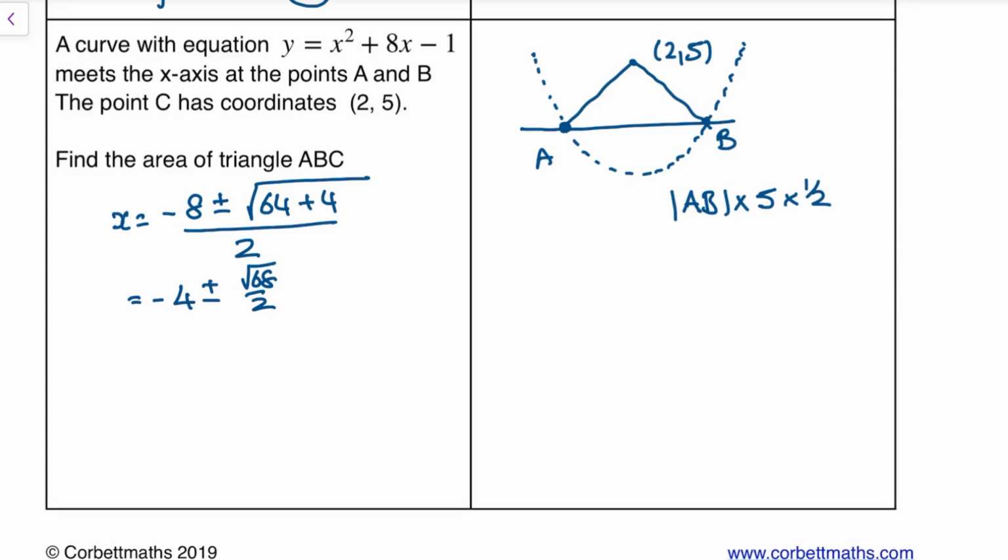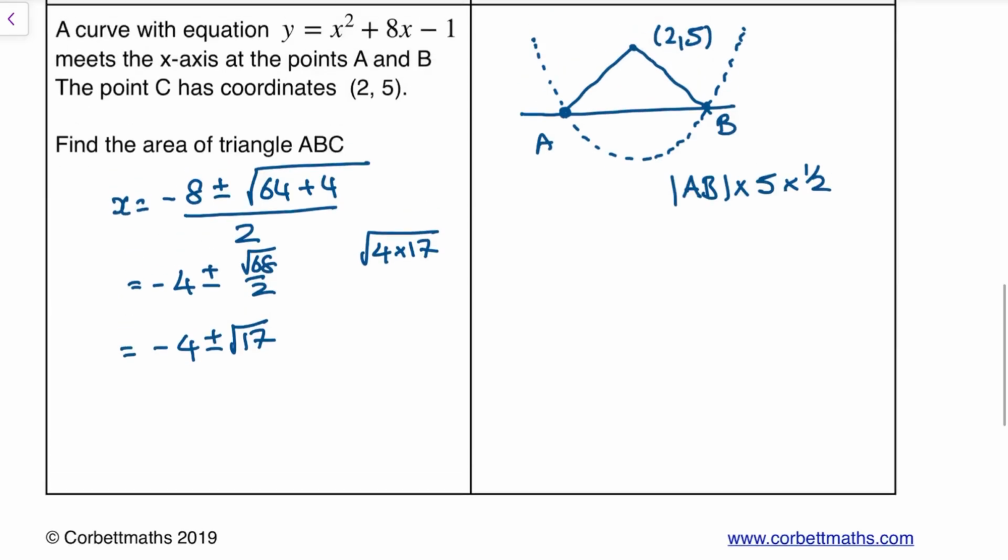Now does 68 divide by 4? It does, doesn't it? Because that's going to be 4 times 17. And so therefore this is the same as minus 4 plus or minus the square root of 17. Yeah, that's right. Now, A is therefore minus 4 minus root 17 and B is minus 4 plus root 17, but it's a difference that I want.